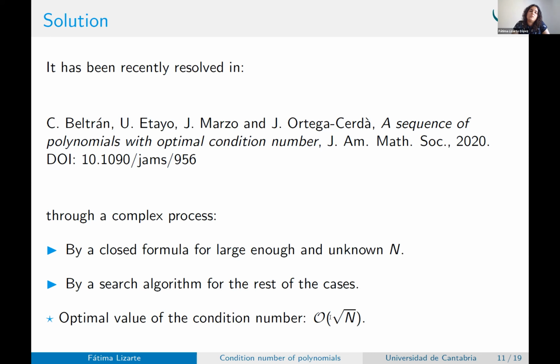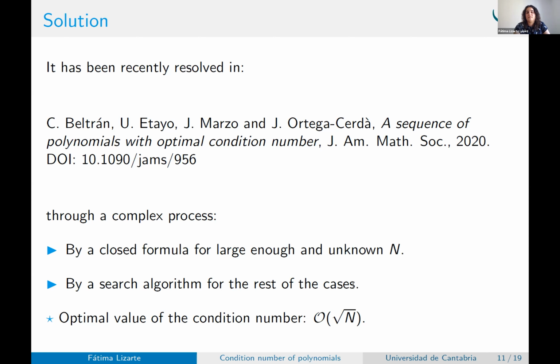Carlos Beltrán asked me to continue the study of the Smale problem because it would be great to find a simple and direct answer. So our aim is to give a simple and direct answer to Smale's problem with an upper bound, completely explicit, for the condition number of such a sequence.